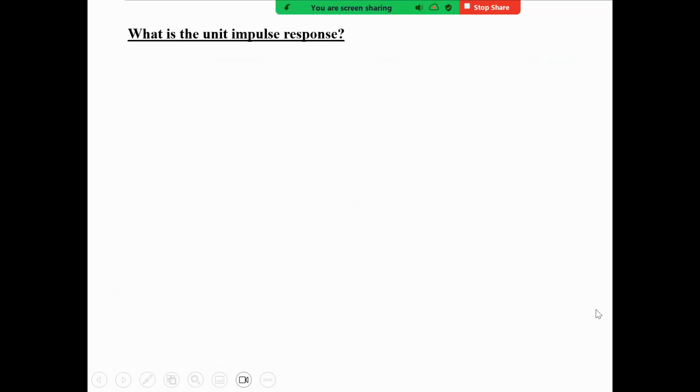Now, let's compute the unit impulse response, right? We know this is the unit impulse signal for the discrete time. So actually, in reality, what does this input signal mean? You have an input signal of 1 at 0, right, and 0 elsewhere.